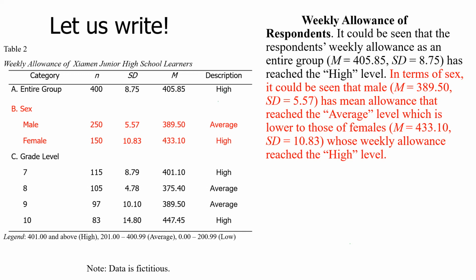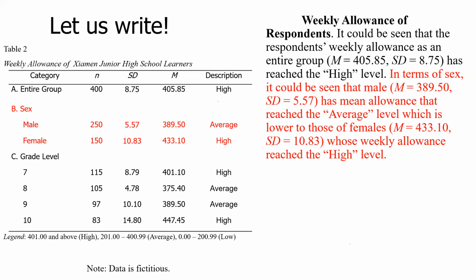Can I try, sir? Yes, ma'am, go ahead. For the grade level, grade 7, which has a mean of 401.10, and the standard deviation, and grade 10 was with a mean of 447.45, and standard deviation, which is 14.80, has weekly allowance that reached high level.